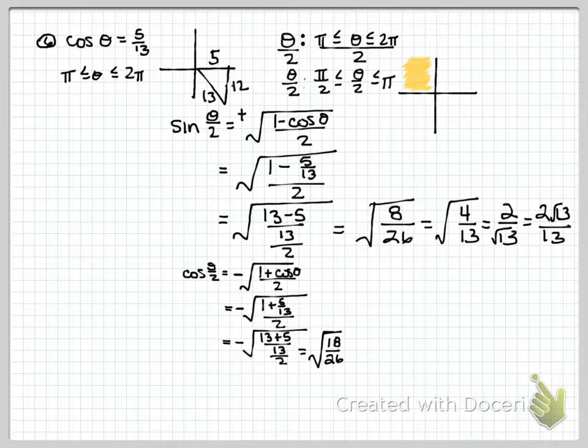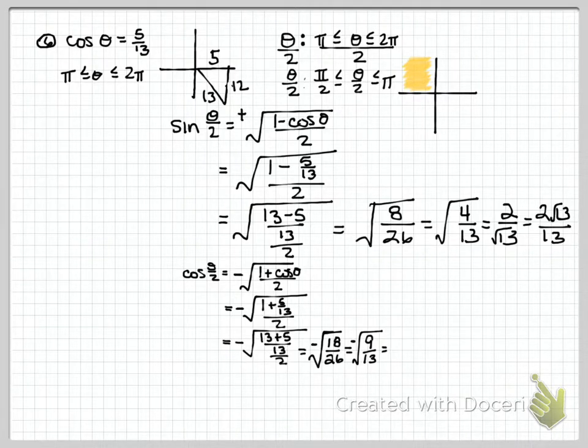You can reduce your fraction, and you could get the square root of 9 over 13. Well, the square root of 9 is 3, and all of this is negative.